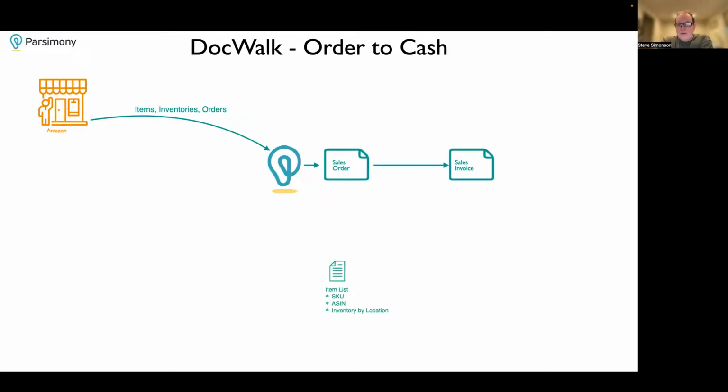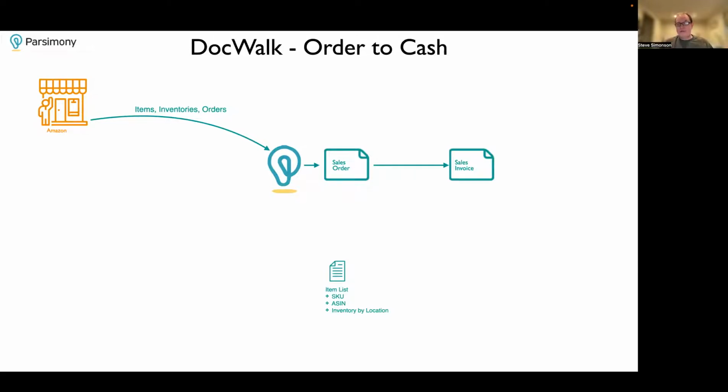Within a sales order, by the way, there is a list of items, and that list of items can include things like your own internal SKU number. SKU, for those keeping score at home, means stock keeping unit. That's what your own warehouse might call an item. And then there's the ASIN. That's the Amazon selling index number or something like that. That's what we've all come to know in the Amazon world as the standard item number, the ASIN.